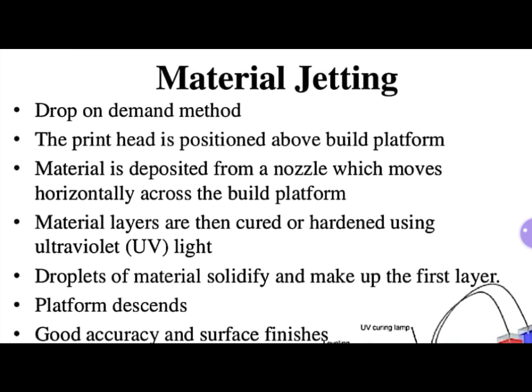So the nozzle can be moved in horizontal direction across the platform, so that the photopolymer resin material is going to be deposited depending upon the movement of the nozzle.